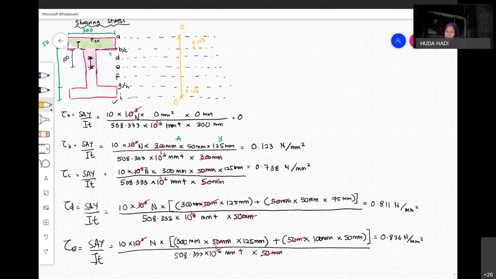Value dia 0.738. 738, so jauh lah ke depan lah sikit. Yang sama sebab dia dekat.